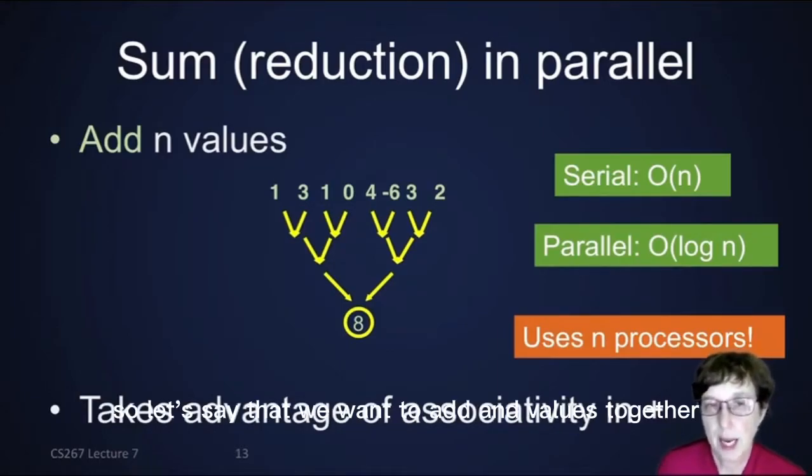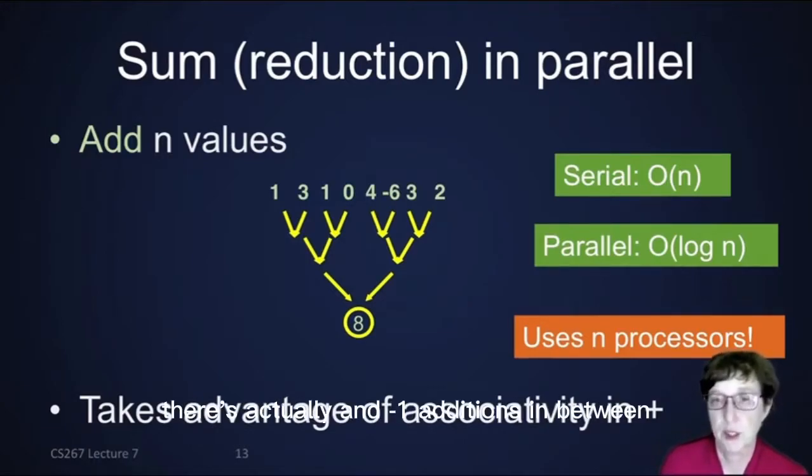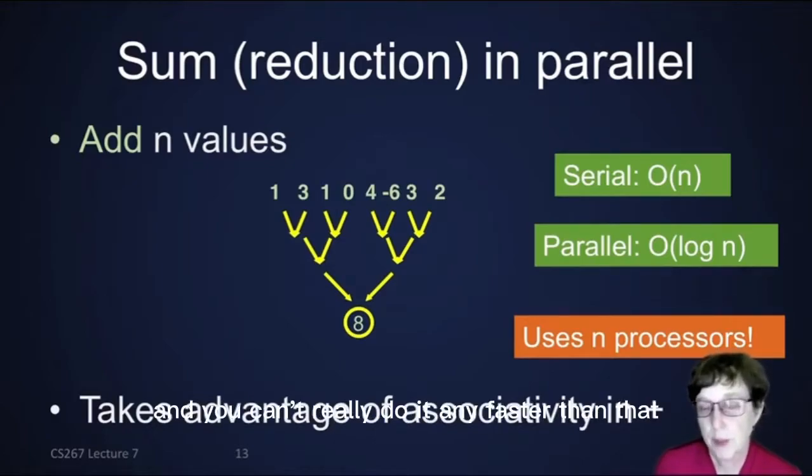So let's say that we want to add n values together. If we want to do that on a serial computer, it will take order n time, that is linear time. You just add them up one at a time. There are actually n-1 additions in between adding all of those up, and you can't really do it any faster than that on a serial computer.